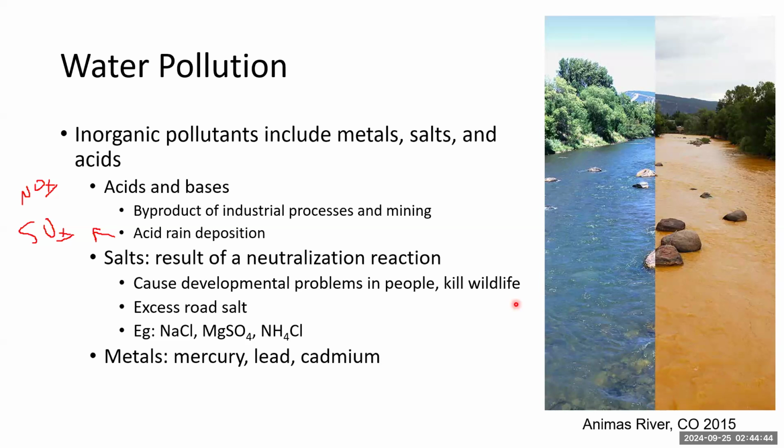It can cause a whole lot of harm in that way, and that's from excess road salt. We usually think of road salt as being just sodium chloride, but there are other forms of road salt that we typically use, like calcium chloride or magnesium chloride. They also cause similar problems, namely because of the chloride component of those salts.